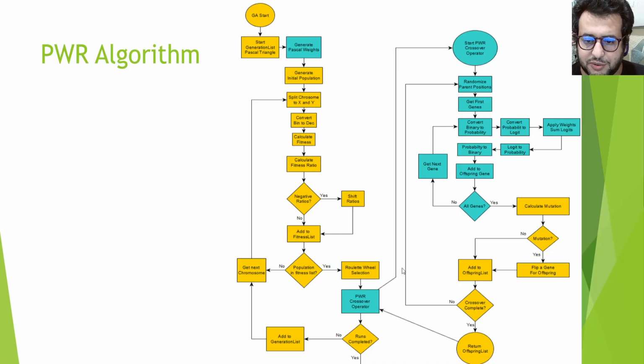And we'll use those in the PWR crossover. Everything else remains the same. We go through the whole procedure, we shift ratios, we don't want to have any negative values, and at the roulette selection wheel, we will select a value of some number of parents.